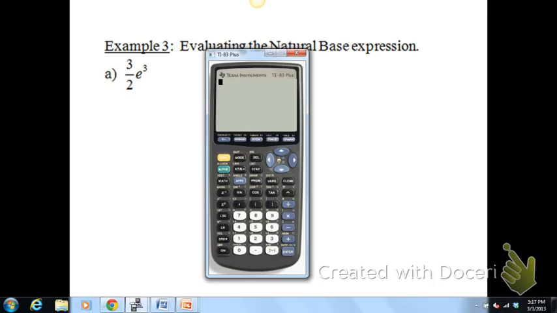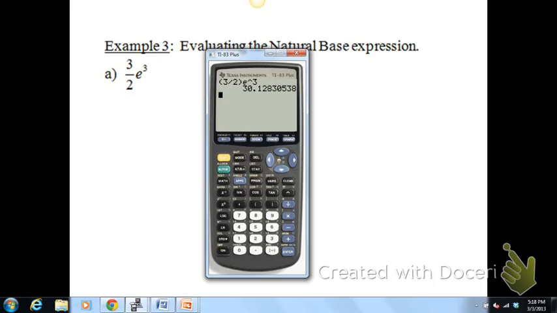So I'm going to put 3 halves, 3 divided by 2, and then times, and now there is an E button on your calculator. You have to hit the second and division button, and that brings up E, and then you can use the caret sign to raise it to any exponent you want, and if you hit enter, you'll get your approximate value.